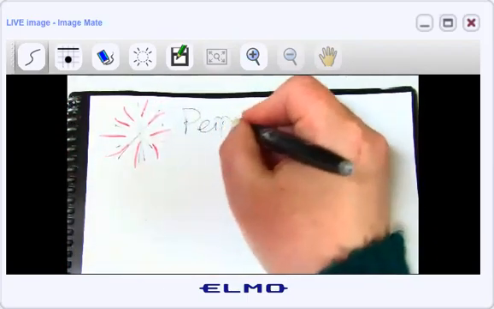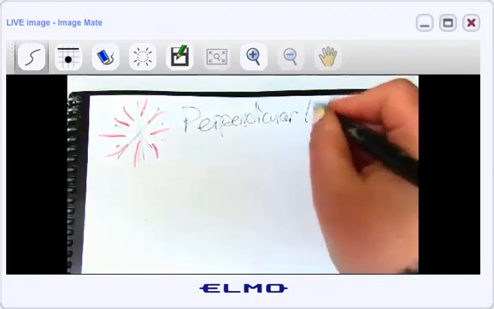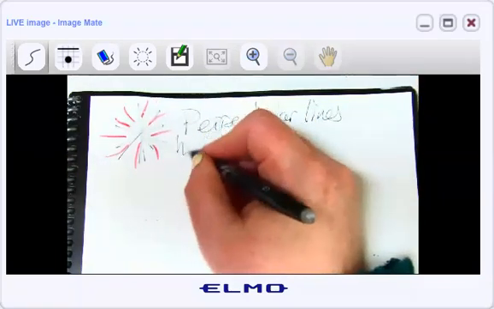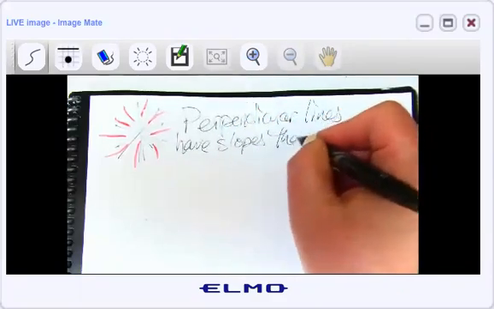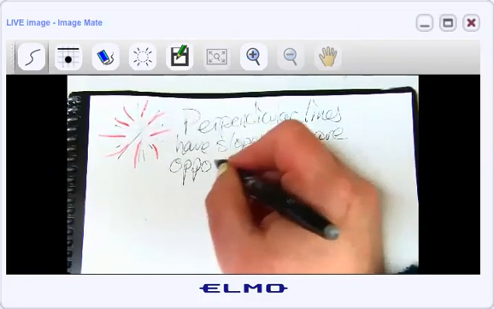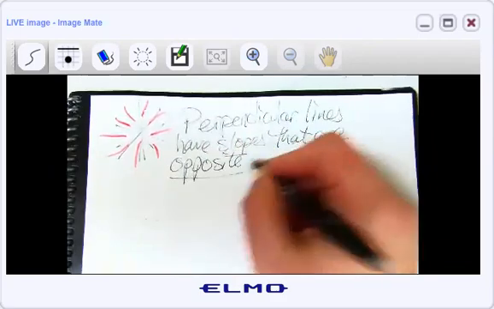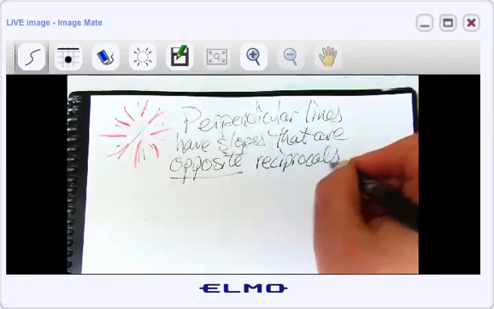Perpendicular lines have slopes that are opposite reciprocals. And that's the magic words that they're looking for.